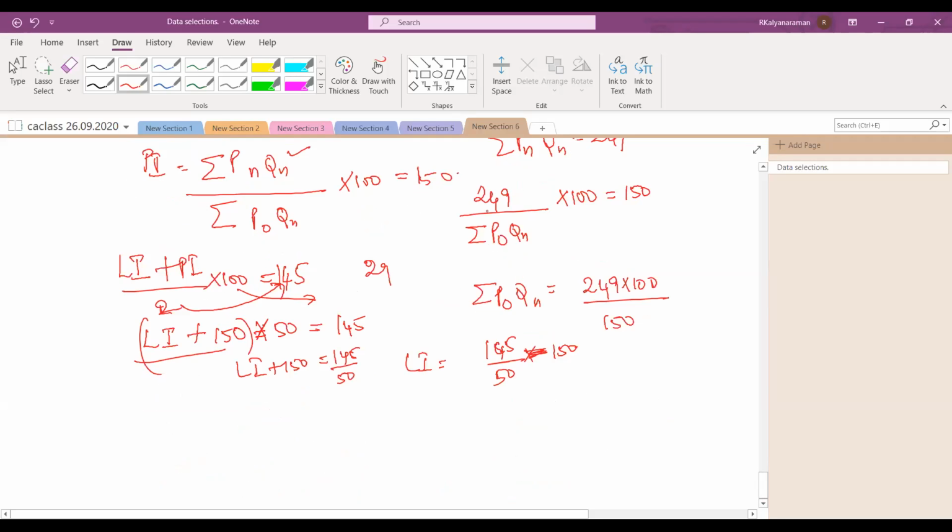Laspeyres' index here. So it will be 15. So this will be 5. This will be 83. This will be 2. So this is 166. So sigma of P naught Qn is 166.